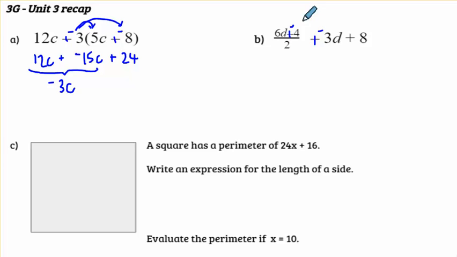And so we basically distribute the 2 that we're dividing by to each of these terms. So let's do the first. 6d divided by 2 would be 3d. Then we come here, we have plus, and a -4 divided by a positive 2 is a -2.